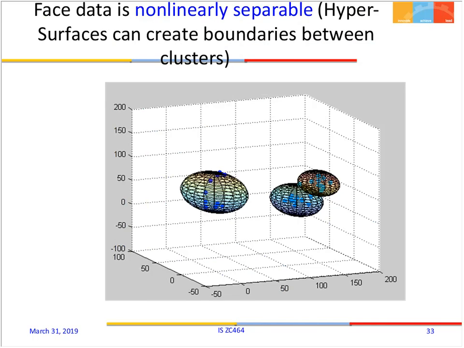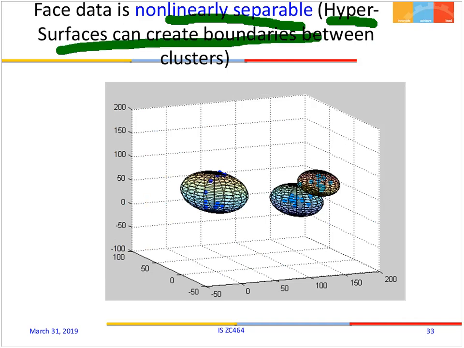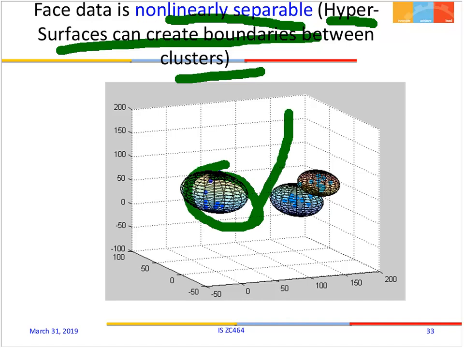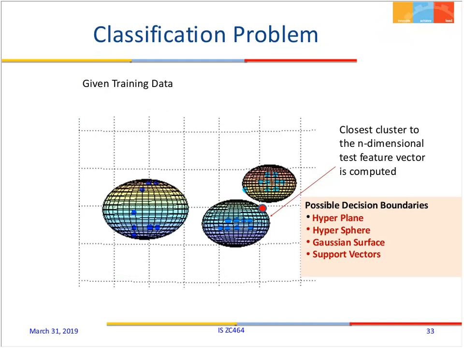So then, because this is non-linearly separable, we have different mechanisms that can create boundaries between the clusters. There could be a spherical boundary, there could be a planar boundary, there could be other boundaries as well, right? So let us say this red point is the test data. It is also plotted on the same space, but where does it belong?